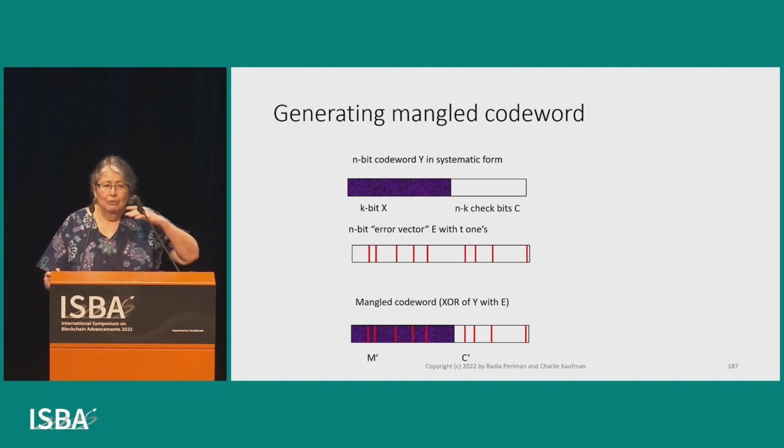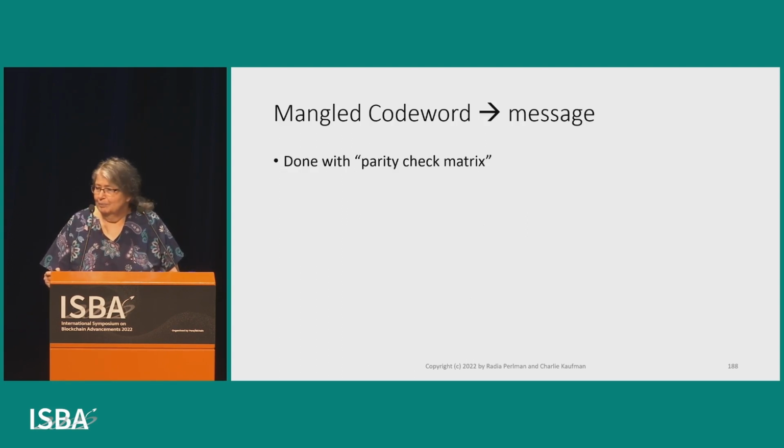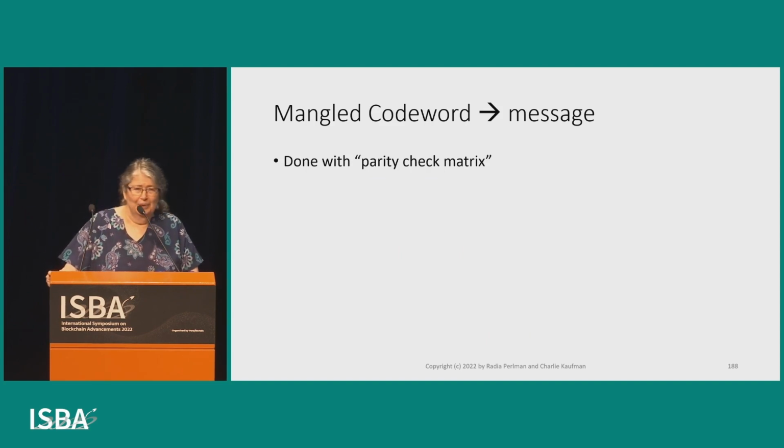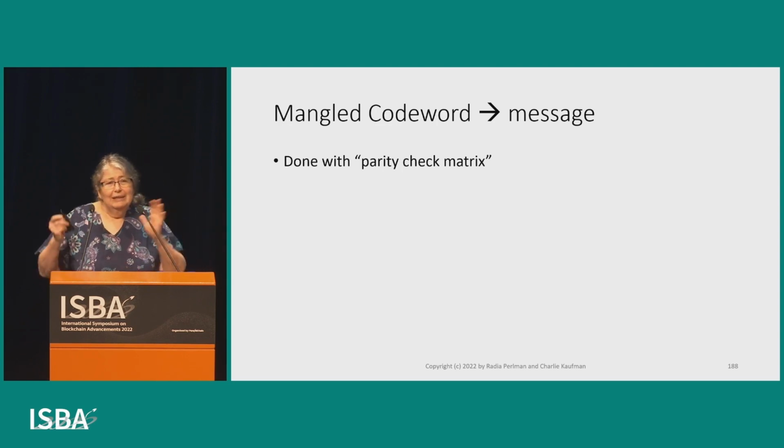And she, with her private key, which I haven't explained how she does this, can figure out where the error bits are. If you have a mangled code word and you want to do the inverse thing and find out where the errors are, there's a matrix related to the generator matrix, known as the parity check matrix.